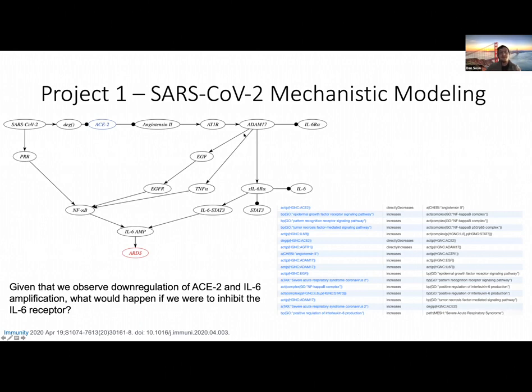And once you have such a knowledge graph, you can start to ask questions using a probabilistic graphical model, such as, given that we observe downregulation of ACE2 and IL-6 amplification, what would happen if we were to, with a drug, inhibit this IL-6 receptor? This is a project being led by Jeremy Zucker on our team, and it lends itself to this sort of causal modeling framework a la Judea Pearl.